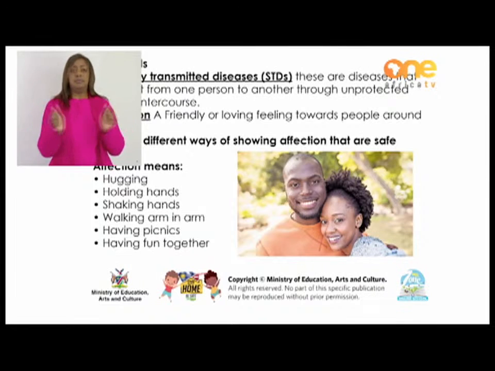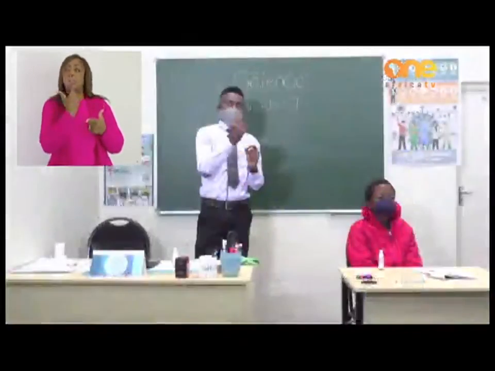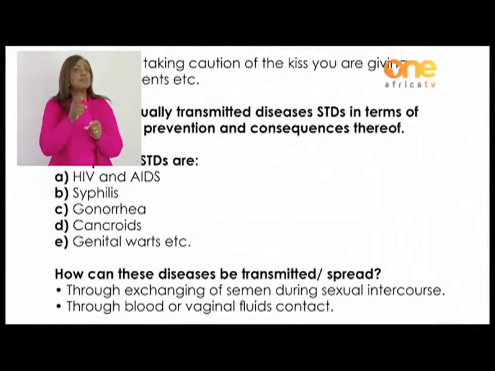But as you are kissing, you must take some caution, because if the person you are kissing has an open cut on his or her lips, and you also have an open cut on your lips, that might end up transmitting the virus. The last one is giving presents.